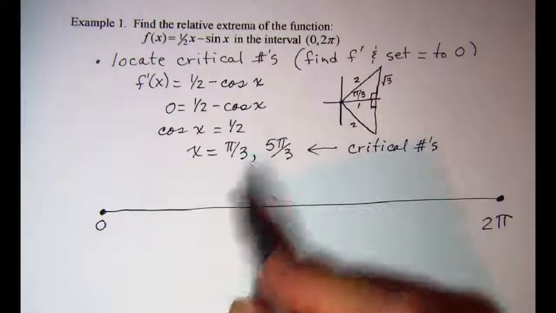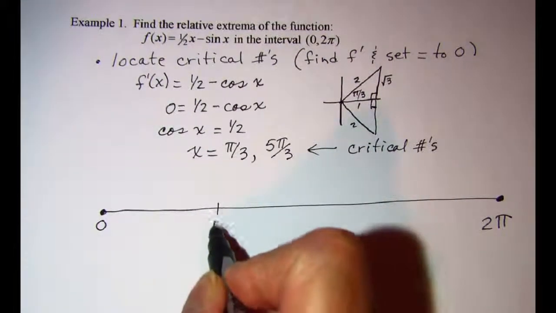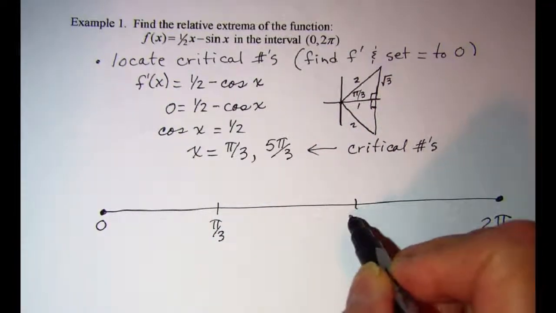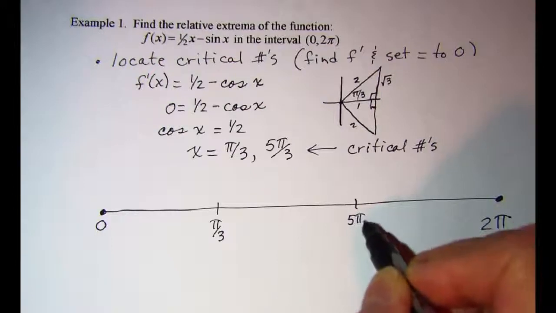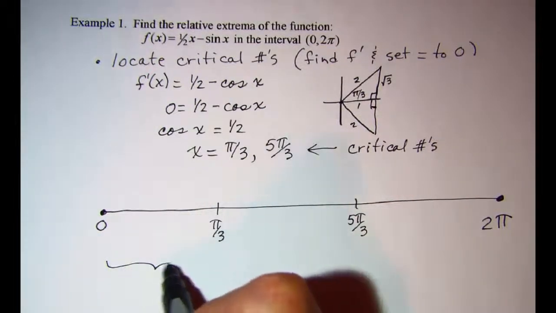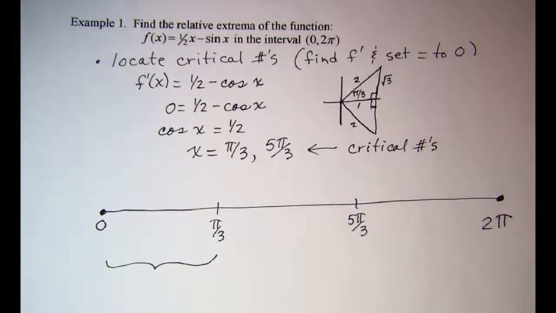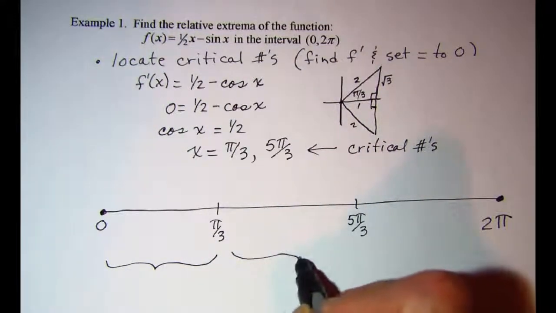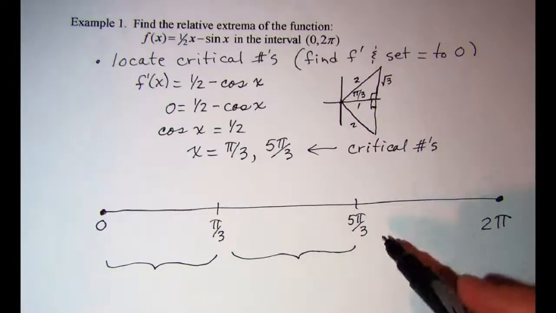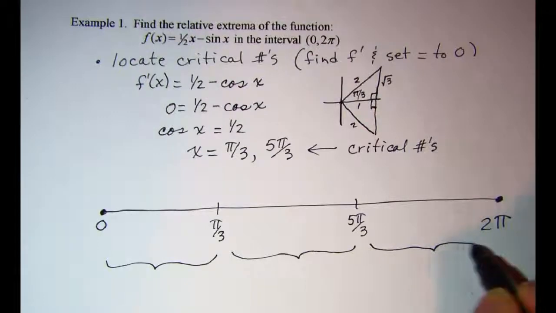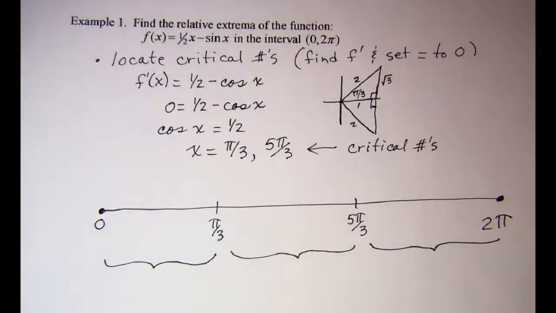And then I have pi over 3, and I have 5 pi over 3. So I'm dealing with this interval from 0 to pi over 3, this interval from pi over 3 to 5 pi over 3, and this interval from 5 pi over 3 to 2 pi.